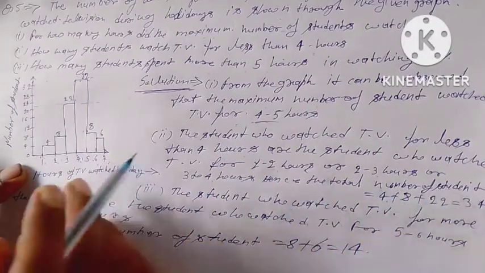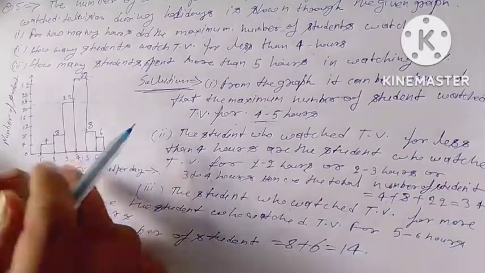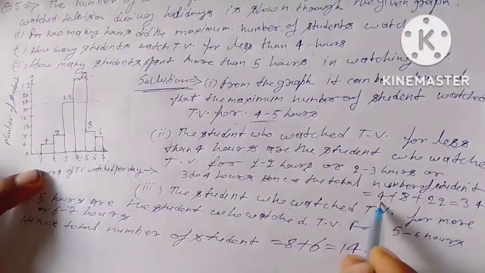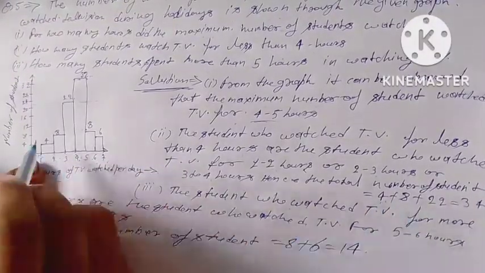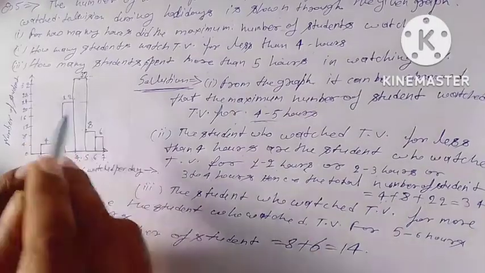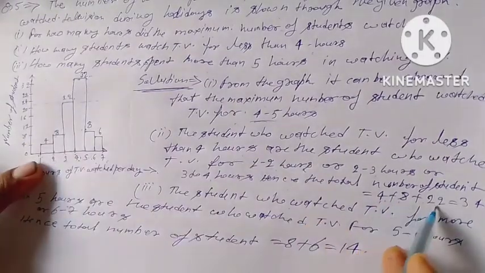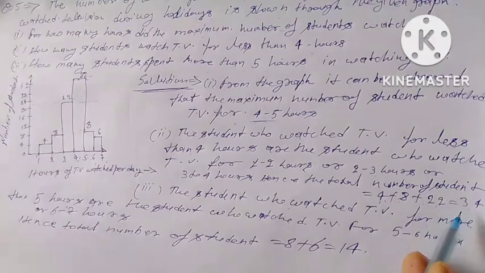Hence the total number of students between 1 to 4 hours is 1 to 2, 4 students, plus 2 to 3, 8 students, plus 3 to 4, 22 students. Then 4 plus 8 plus 22 equals 34 students.